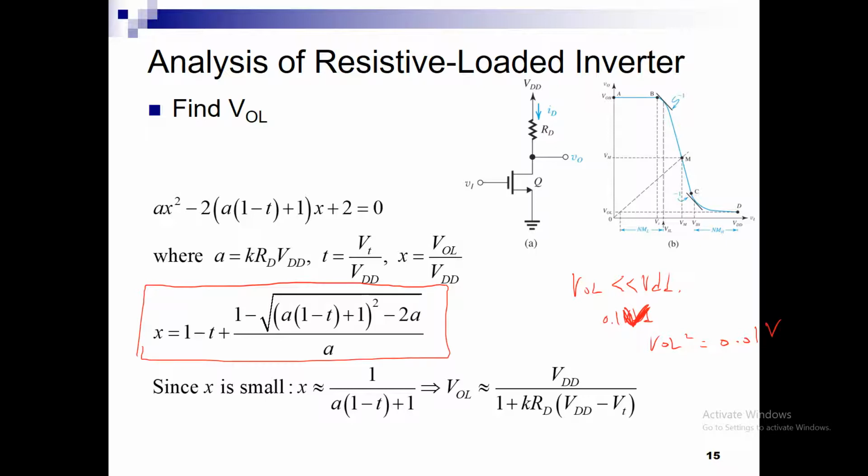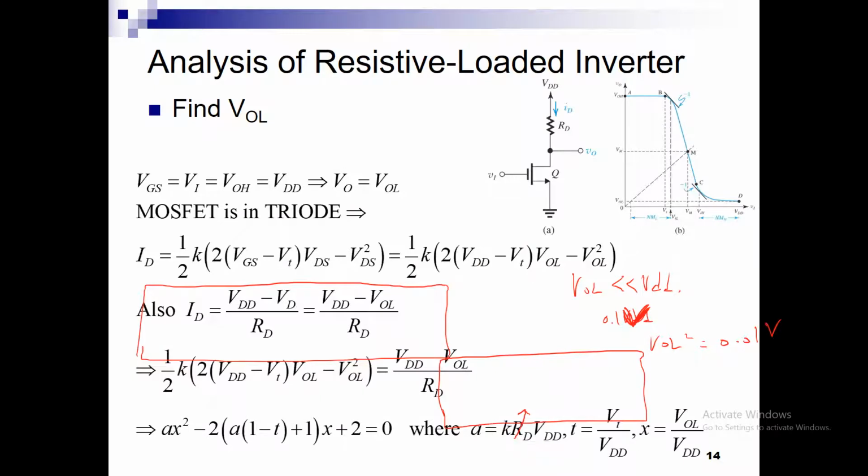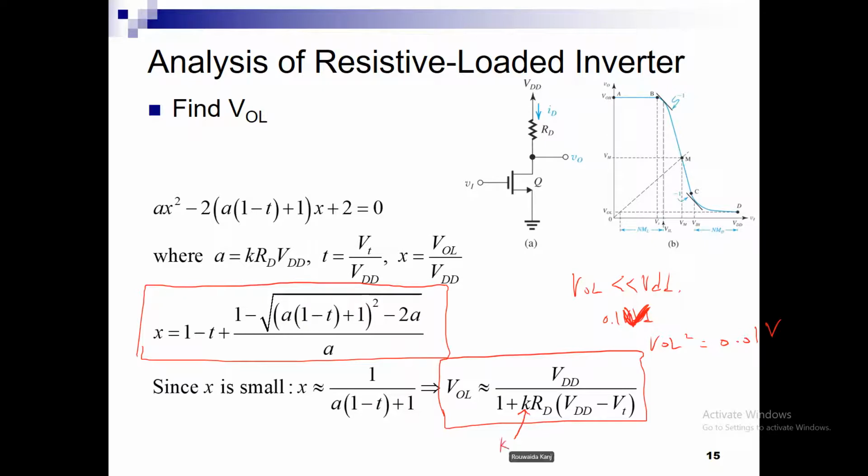Under this constraint, I will end up with a linear system where VOL will be equal to VDD over 1 plus KRD times VDD minus VT. K is the K that appears in the equation of the transistor, that is K prime W by L. RD is the pull-up resistor, and VDD and VT are the VDD and VT of the device. So this is if we ignore the quadratic term.